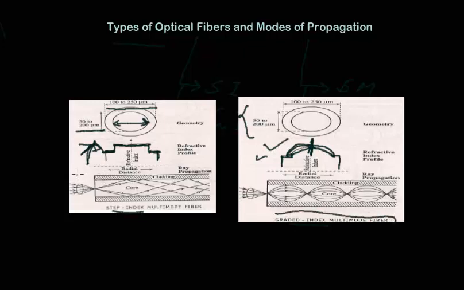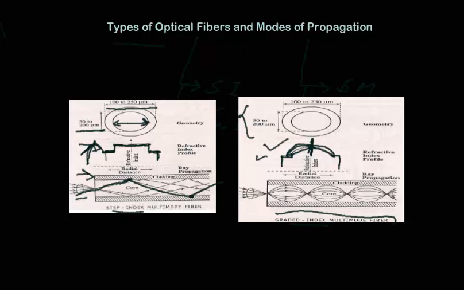Now about propagation, modes of propagation inside the fiber. So here, this is a step index multimode fiber, right? So light rays are propagating based on the principle of total internal reflection here. So suppose this is a light ray, it will strike the interface, it will undergo total internal reflection, it will come back into the same medium, it will strike the interface again, like that. But the difference is there are different modes.